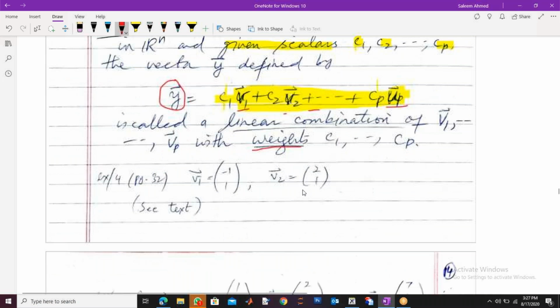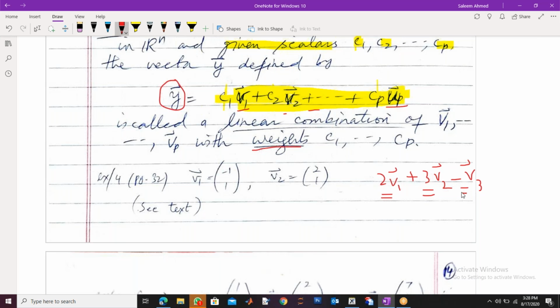For example, you can write 2v1 plus 3v2. This is a linear combination of v1 and v2. You can have another vector v3, minus v3. This is a linear combination of v1, v2, v3. And what are the weights here? Weights are 2, 3, and minus 1. These are called the weights. You can change these weights as well.